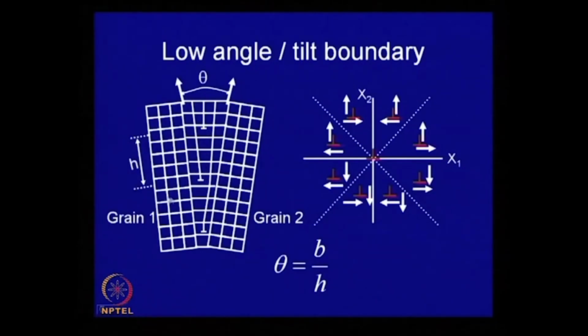So if there are two dislocations, they will be pushed apart by a slip vector b, and therefore you can calculate this angular rotation. This will be b over h.